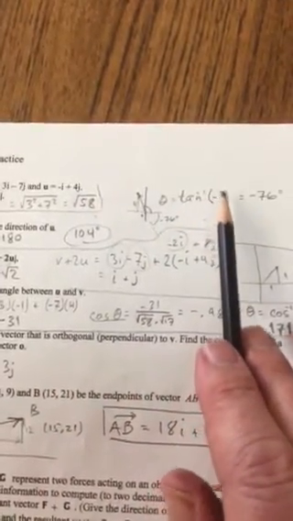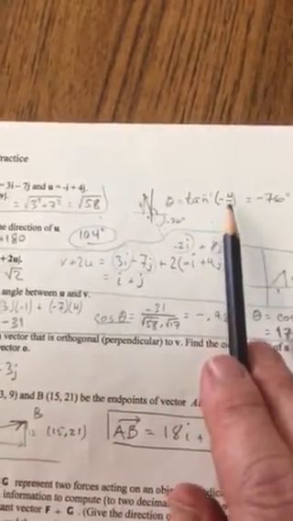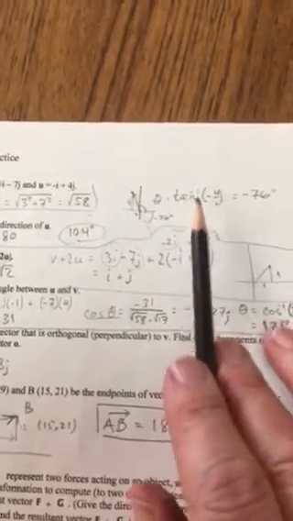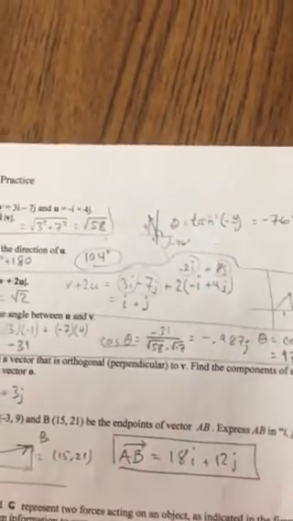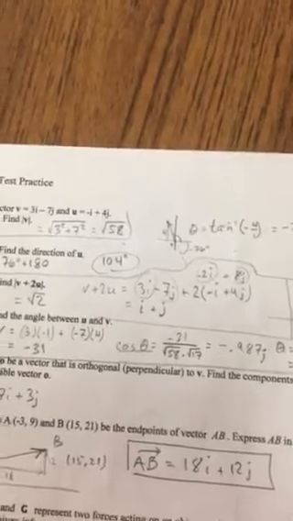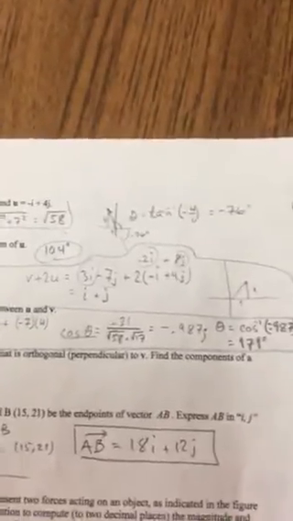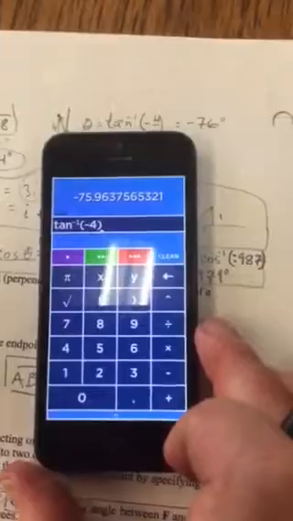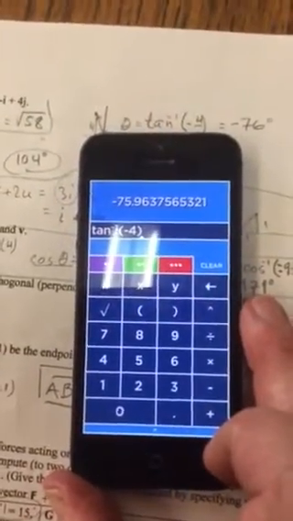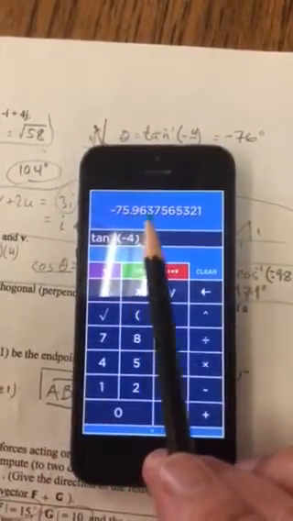But that's basically vertical over horizontal there, and that's -4. Your calculator will say that that angle is -76 degrees. All right, when you take your inverse tangent on your calculator, you get basically -76 degrees.